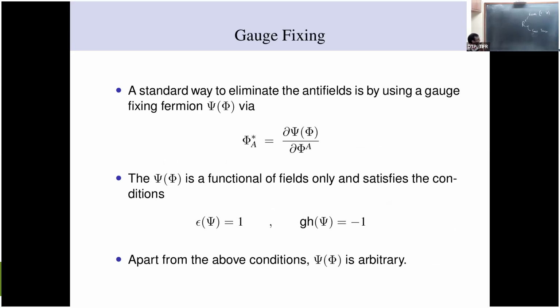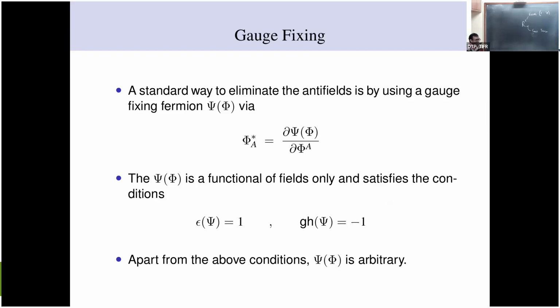That's the gauge fixing condition, and psi has Grassmann odd parity, and ghost number of psi is minus 1. So phi star a can be expressed completely in terms of phi a. Apart from these conditions, this gauge fixing fermion psi is arbitrary.